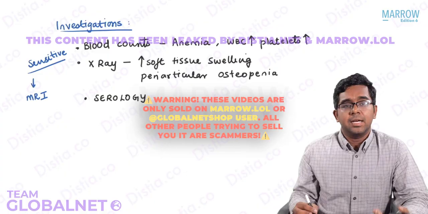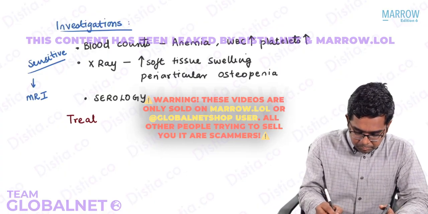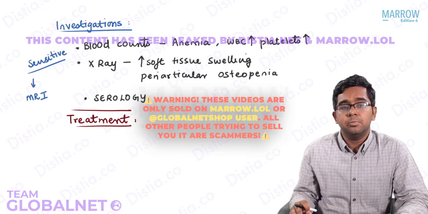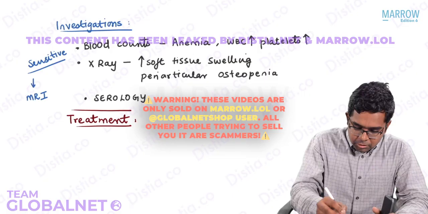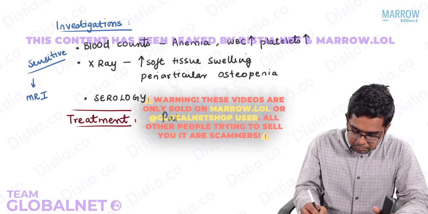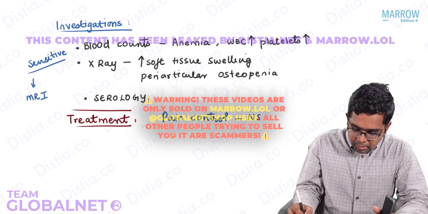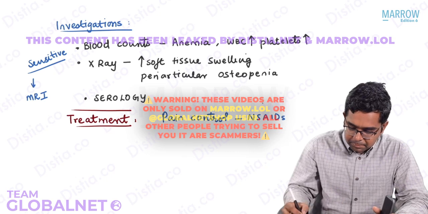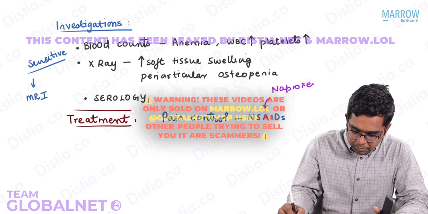Okay, so once we have diagnosed this particular condition, what are the treatment options? The main treatment should be to relieve the patient of the morbidity caused by arthritis, and that is pain control. Generally, remember, pain control is usually achieved by non-steroidal anti-inflammatory drugs. The common drugs which we use for this purpose include naproxen and ibuprofen.